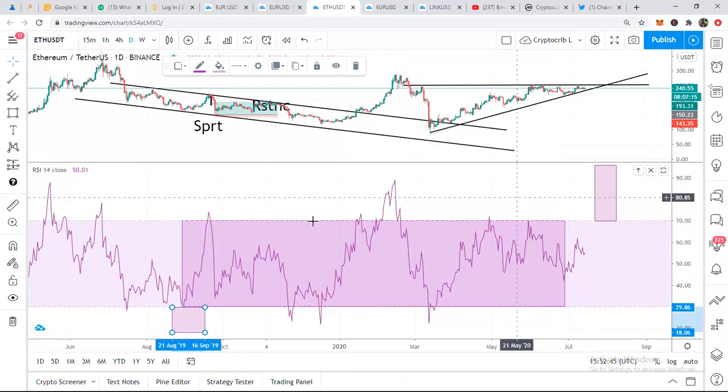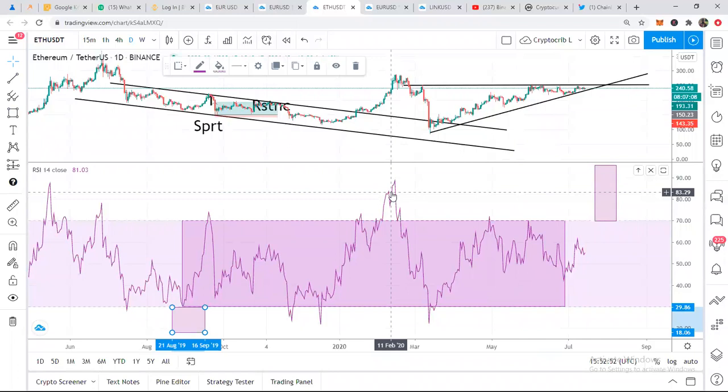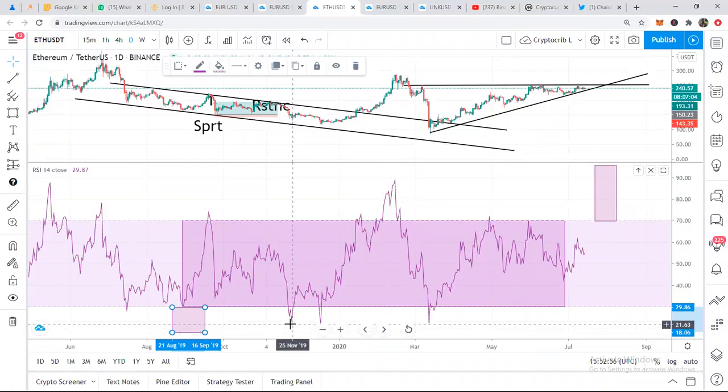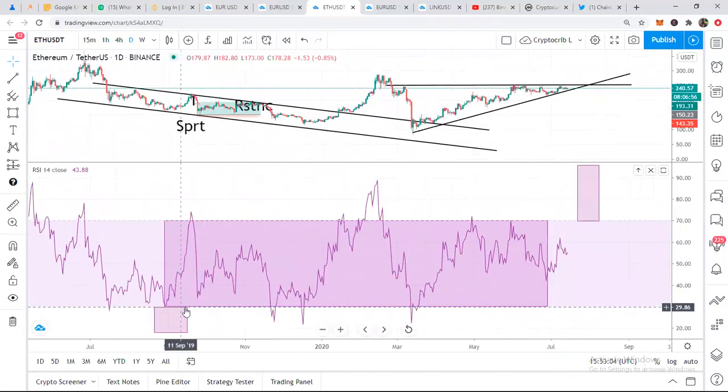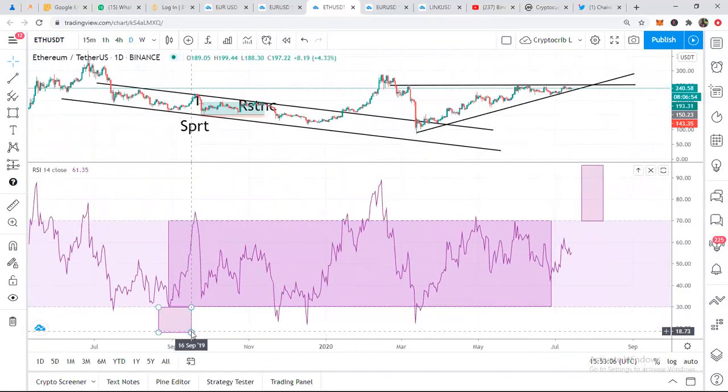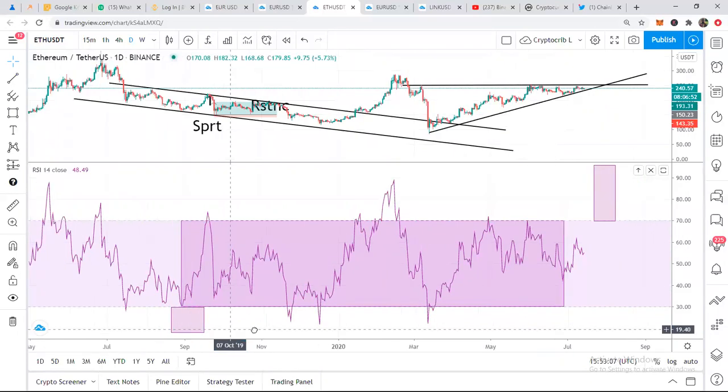Any line that goes above line 70 means Ethereum has been overbought. So at this point at which Ethereum has been oversold, it's a good time to buy Ethereum.